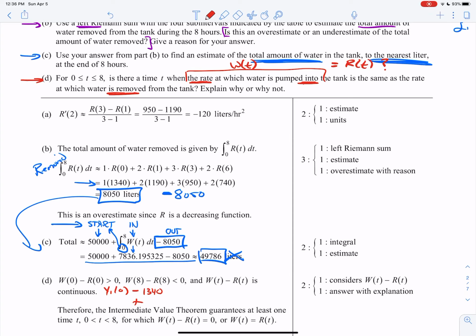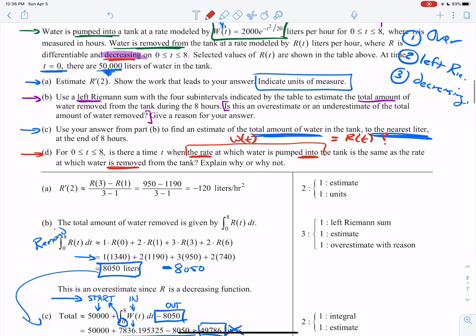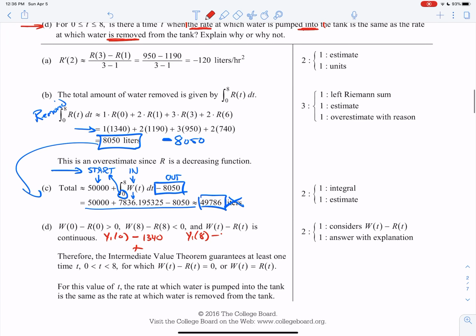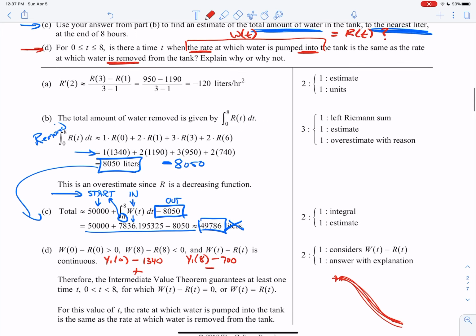When you plug in 8 for Y1, and you subtract R of 8, which was 700, you get something negative. Something positive to something negative.